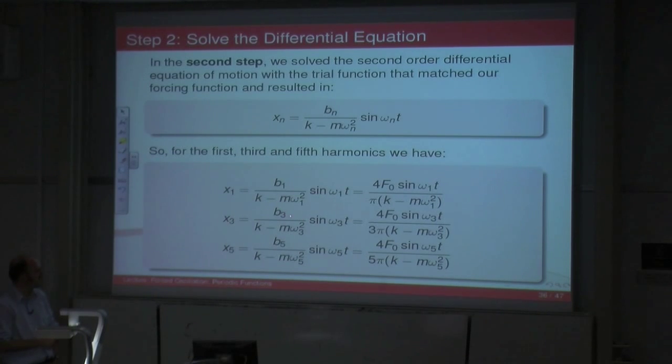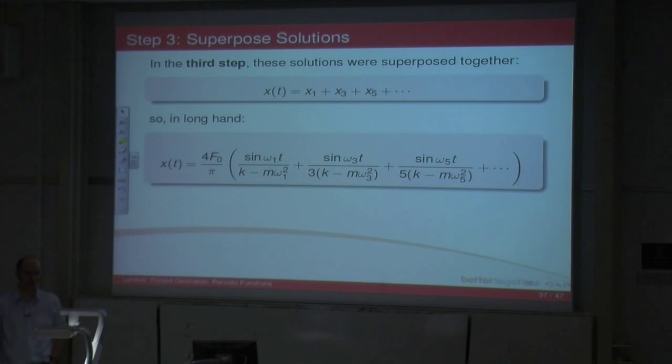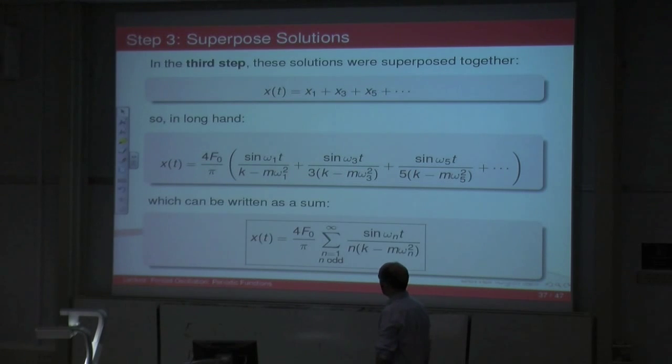Here I've got b3, here I've got b5, and so on. And so x of t is going to be these terms added up together. That's a constant term because that's the same in all of them, and then I've just got these terms. And so that's my solution of x of t. I add them up together, and you can write that as a summation, and it looks like that.